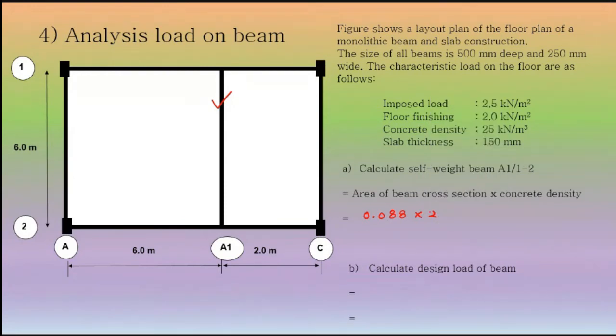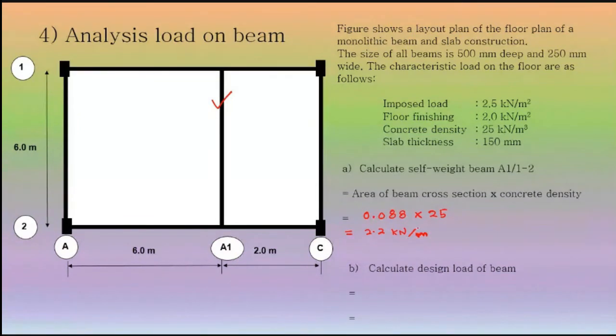So, from this, you akan dapat 2.2. Unit apa guys? Bagi tahu saya. Unit self weight beam. Apa unit self weight beam? 2.2 apa? Kilonewton. Kilonewton per apa? Meter. Per meter ke per meter square? Per meter square.